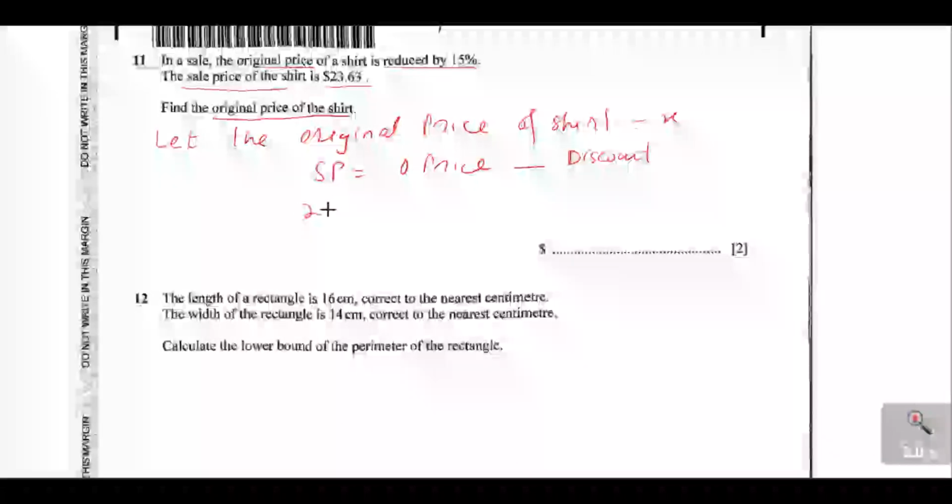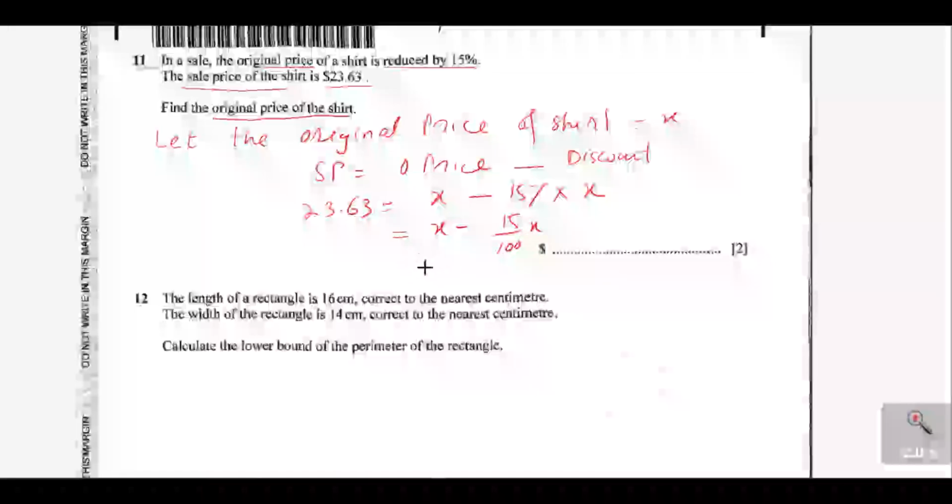The sale price is 23.63. The original price is X. The discount is 15% of the original price, so we can write 15 over 100 X. This is equal to X minus 15 over 100 X, that is 0.15X.